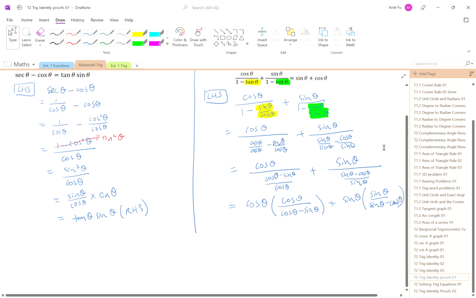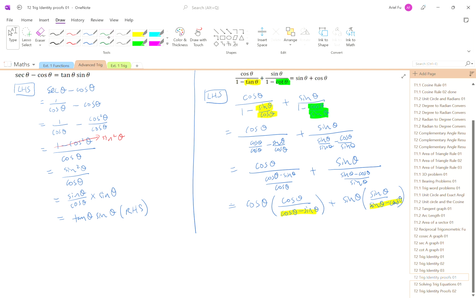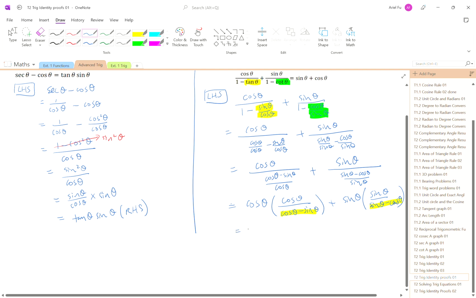Okay, once you get to here, observe that the denominators are almost identical except that they are of opposite signs. So I'm going to factorize out a -1, which means that we're going to end up with cosine squared theta over cosine theta minus sine theta, plus the second one will be sine squared theta. But if I factorize out the negative on the denominator to make them the same so I can combine the two fractions, I'm going to end up with this.